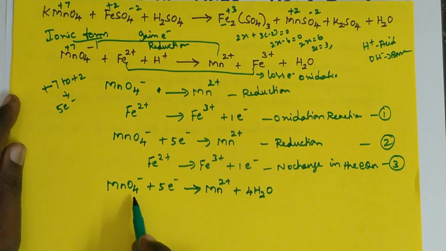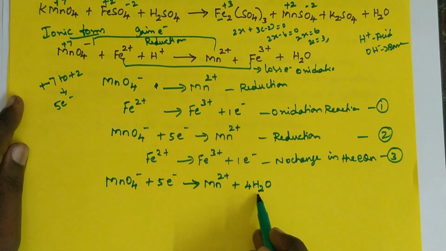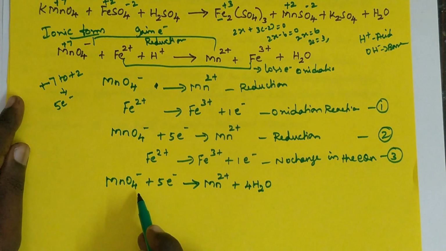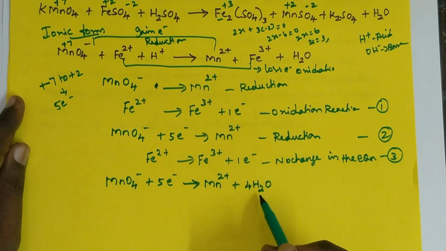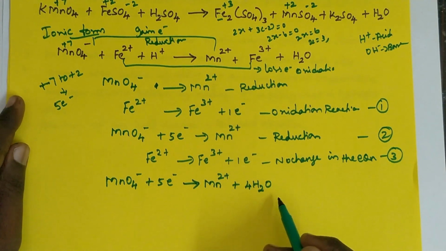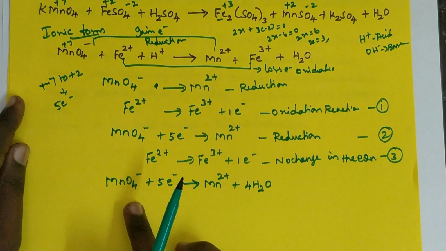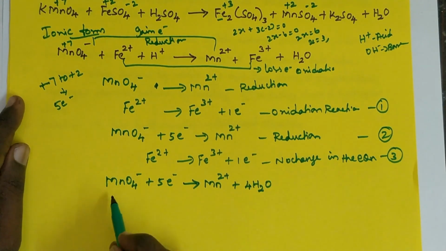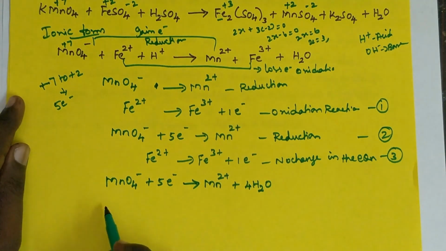So oxygen is balanced, but now look at hydrogen. On the right hand side we have 4 times 2, which is 8 hydrogen, and on the left hand side no hydrogen. I said hydrogen is balanced by adding H+ on the side falling short of hydrogen. So here 8 hydrogen on the right, and none on the left, so you have to add H+ on the left hand side. 4 times 2 is 8, so we add 8 H+ on the left hand side.